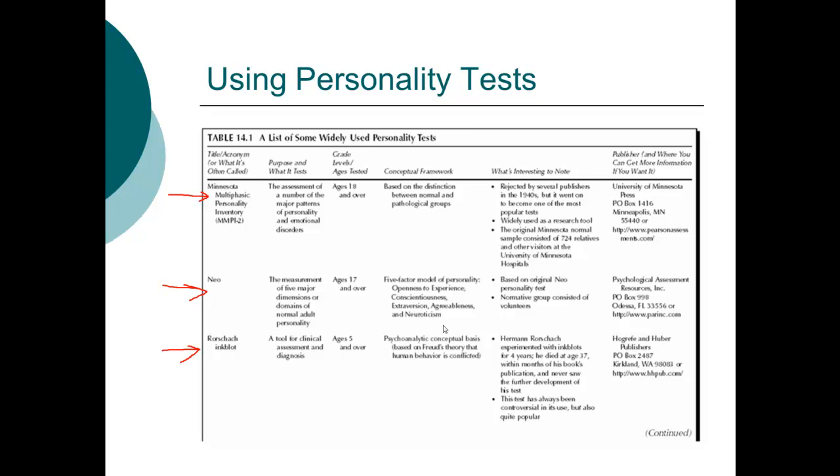And you see some its purpose, grade levels. You can see that most of these, well, certainly the Minnesota Multiphasic and NEO are for adults, basically. The Rorschach inkblot can be from children on up.